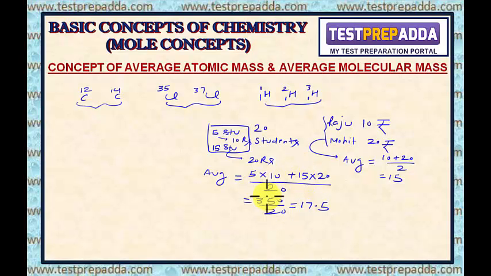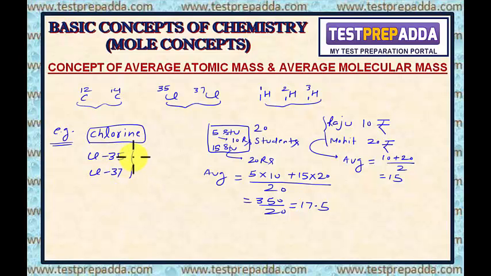So this is the way we find average, and the same concept I'm going to use to find the average atomic mass. For example, if I try to find average atomic mass for chlorine, chlorine has got two isotopes, Cl35, Cl37, and the two exist in the ratio 3 is to 1 in the atmosphere.